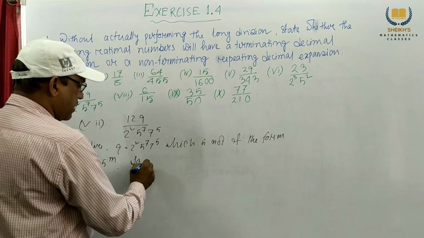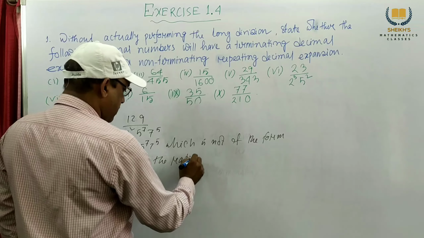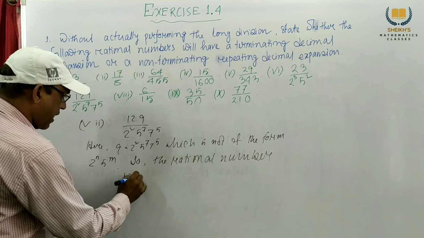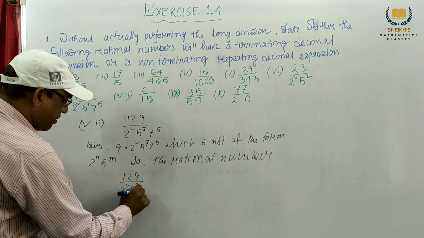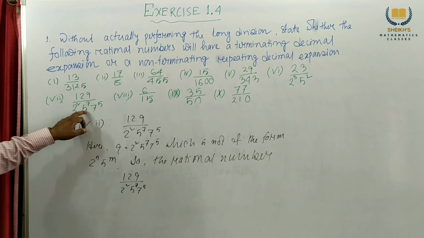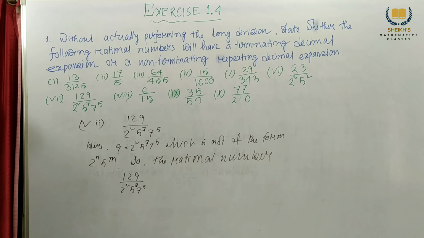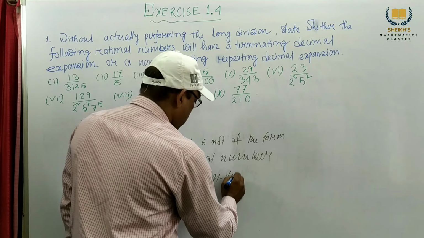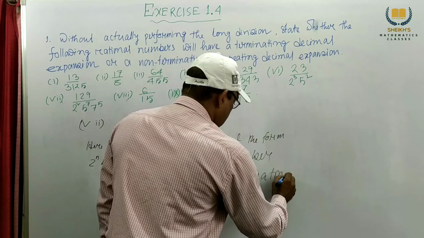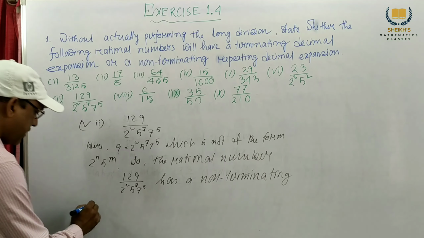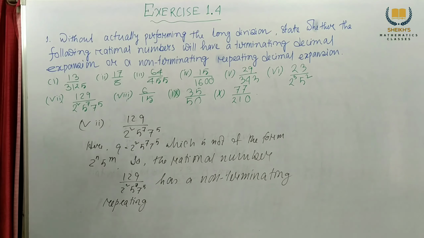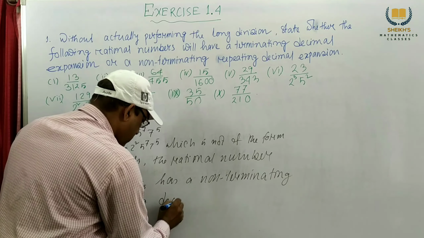So the rational number 129 by this has a non-terminating repeating decimal expansion.